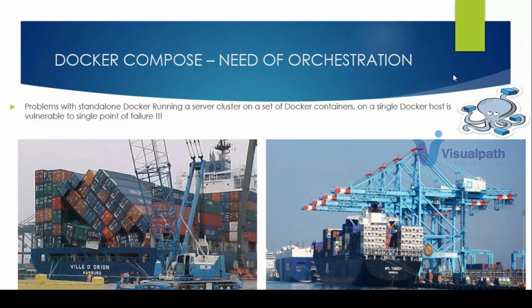Let's suppose we need to build a two-tier architecture container where we have one database and an application layer. I will explain in detail, but in this picture you can see that from the development point of view, if we want to build a single container, that's fine. But if we want to build for multiple layers, it will break. So we need to utilize the feature of Docker Compose in that case.